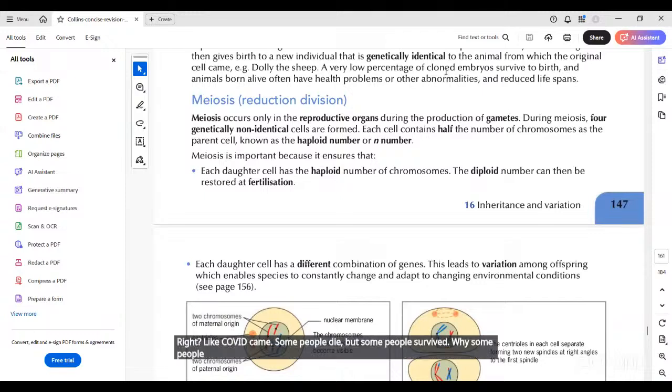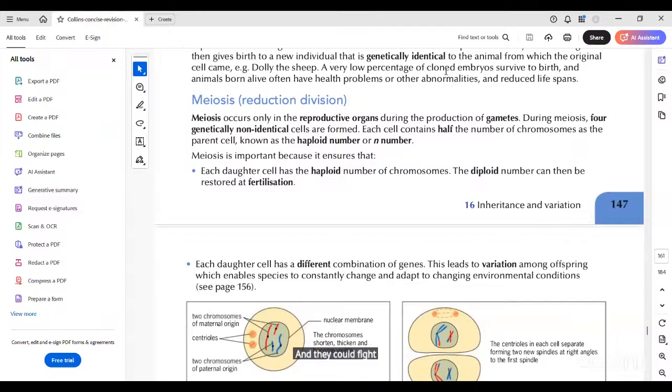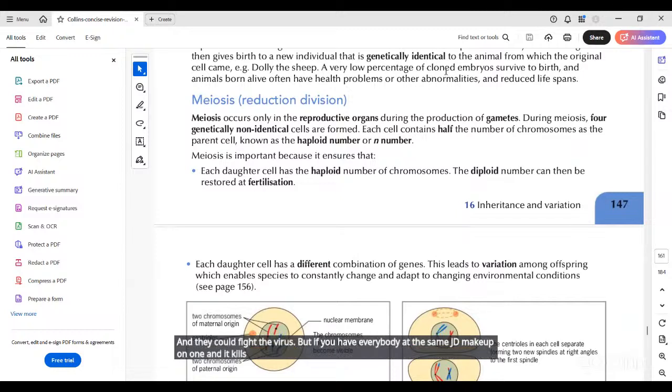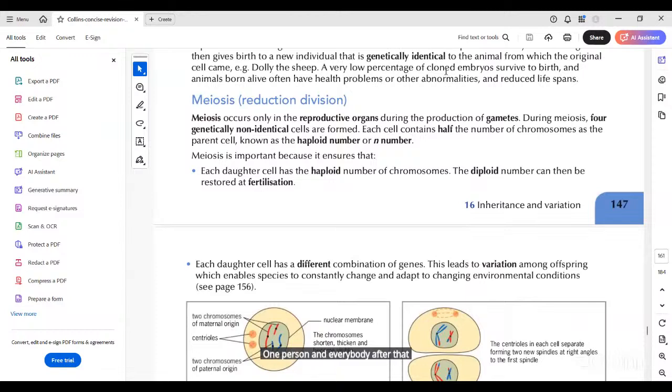Because their genetic makeup is different and they could fight the virus. But if everybody had the same genetic makeup, it would kill one person and everybody of that genetic makeup would die. Make sense? Yes, sir.